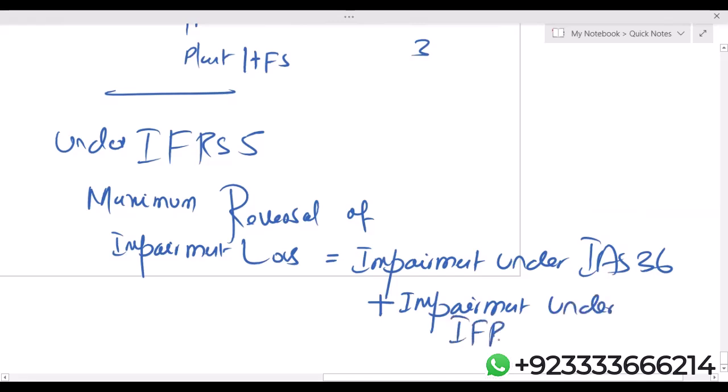So again, an extremely important concept. The maximum reversal of impairment loss under IFRS 5 is equal to the impairment under IAS 36 plus the impairment under IFRS 5.